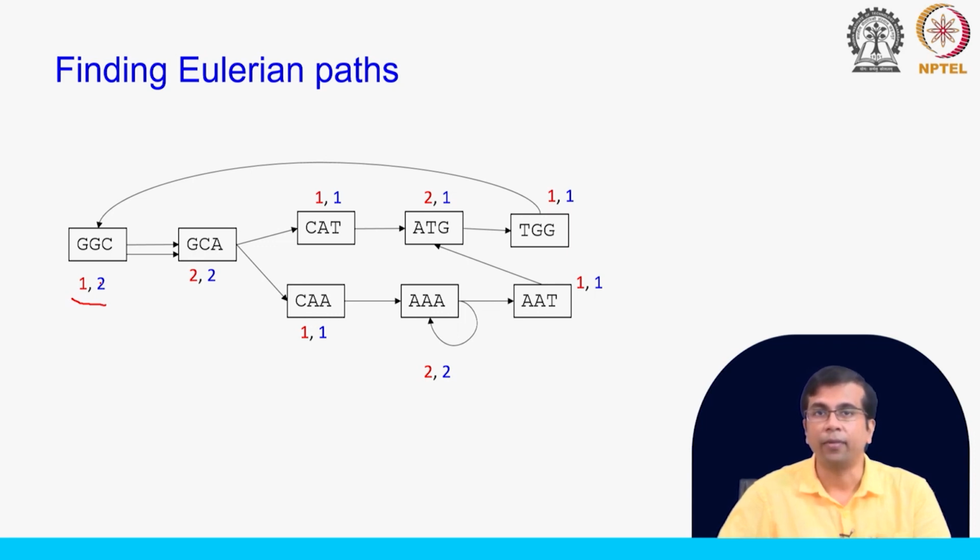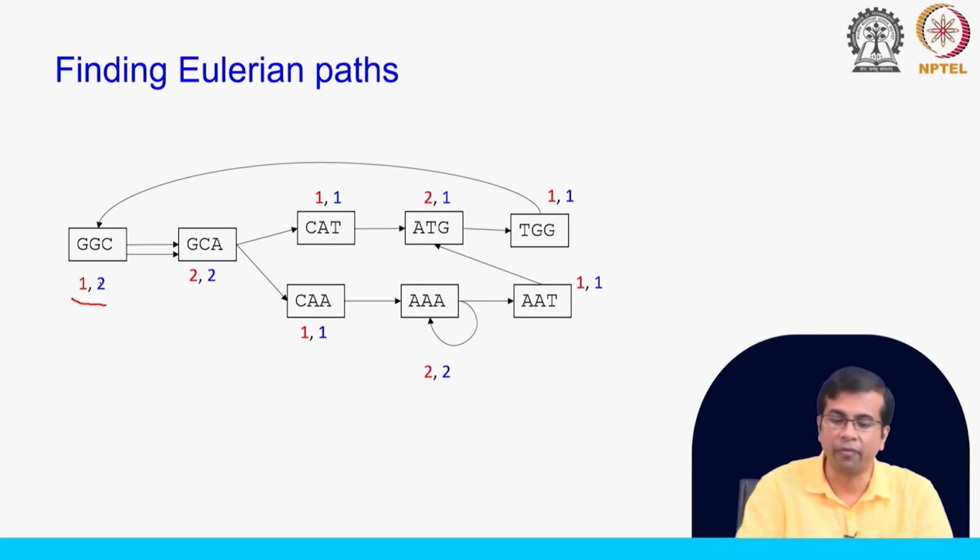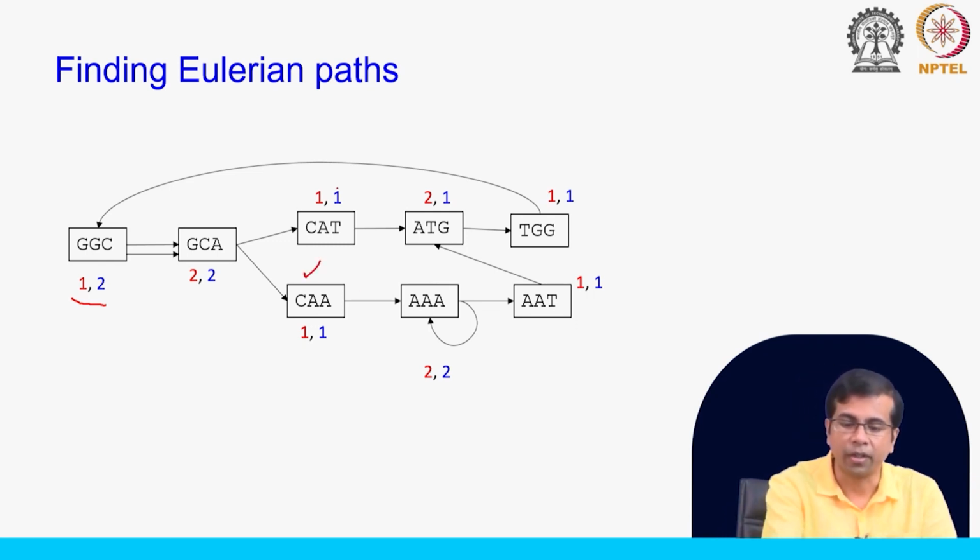The condition was that there could be at most 2 semi balanced nodes, and the rest of the nodes should be balanced. Again, reminding you about balanced and semi balanced nodes. Balanced nodes are the nodes where the in degree equals the out degree. In this graph, all these nodes here are balanced nodes.